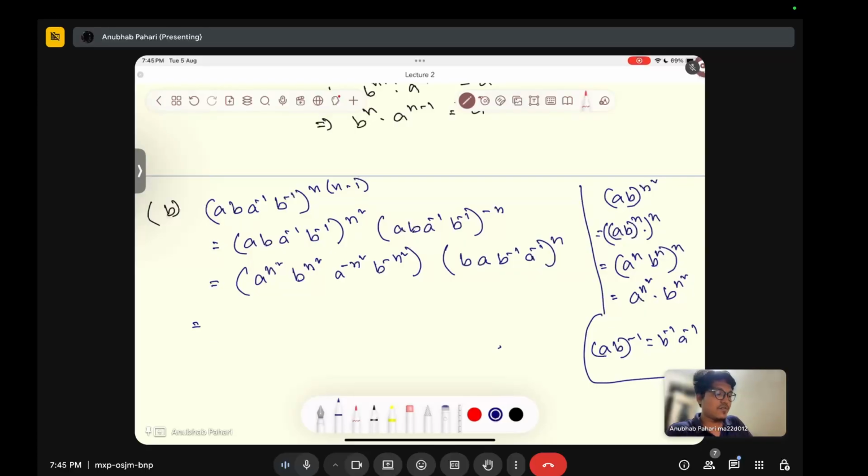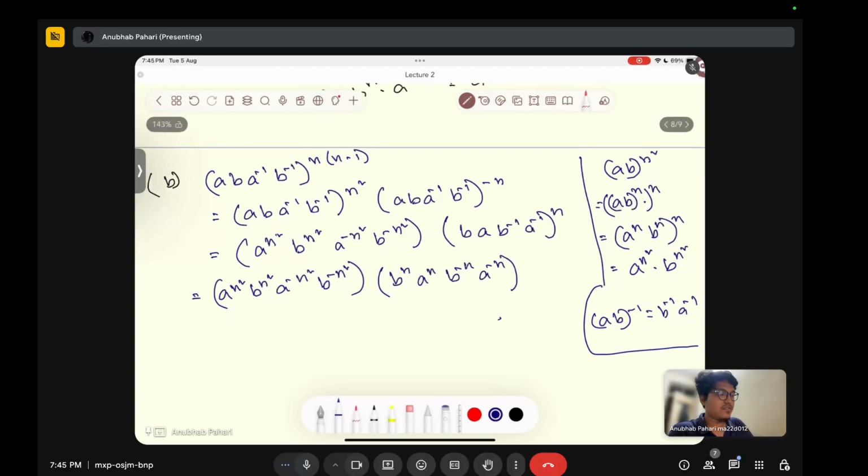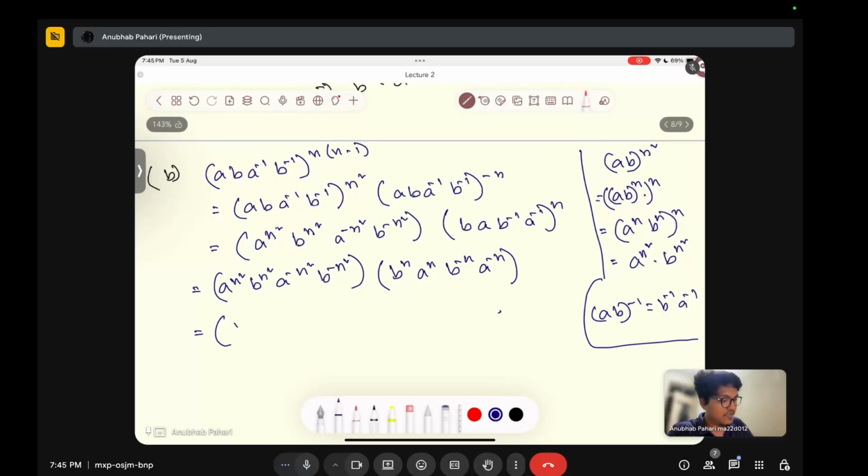Okay, so now it will be a^(n square) b^(n square) a^(minus n square) b^(minus n square) b^n a^n b^(minus n). From here, let's cancel out some terms.